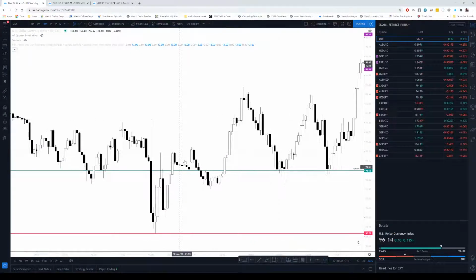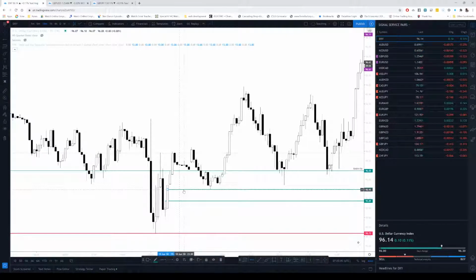Okay, so inside that wick we had this level. I'm gonna project it in time. Change the color to a different color.